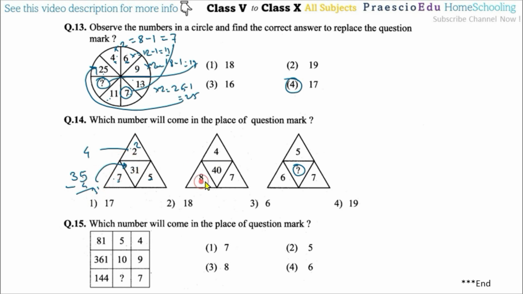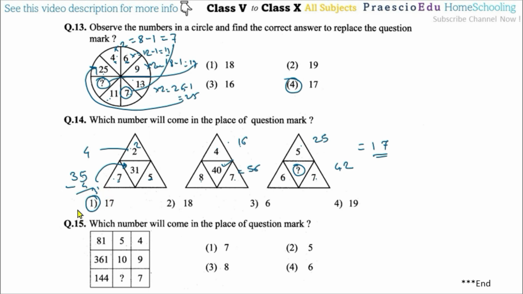Likewise, 8 multiplied by 7 is 56, and 4 squared is 16, so 56 minus 16 gives 40. So this relation is matching. The same relation we apply here: 6 multiplied by 7 is 42, and 5 squared is 25, so 42 minus 25 gives 17. So 17 should replace the question mark, and 17 is given in option number 1.